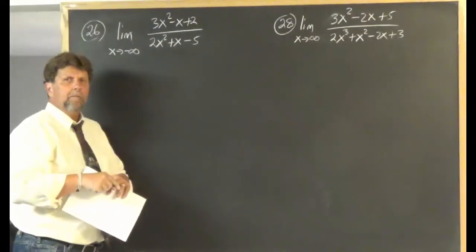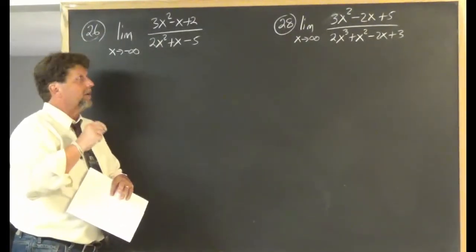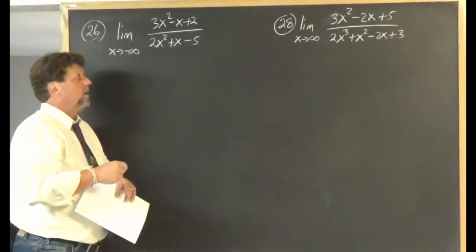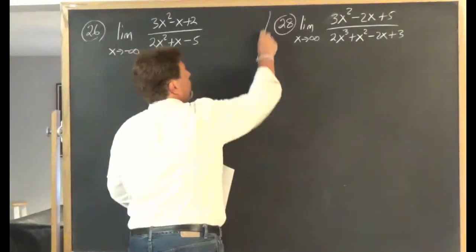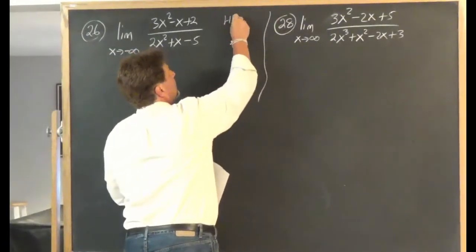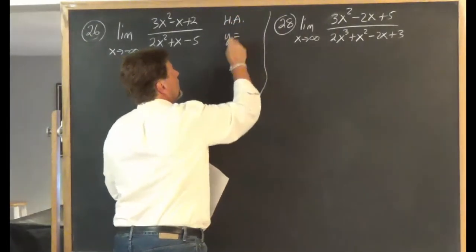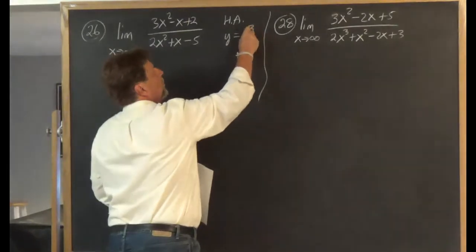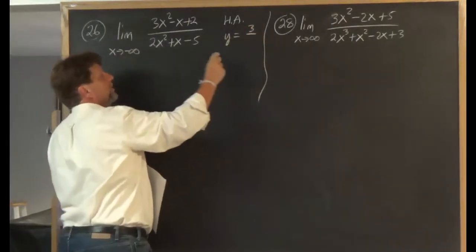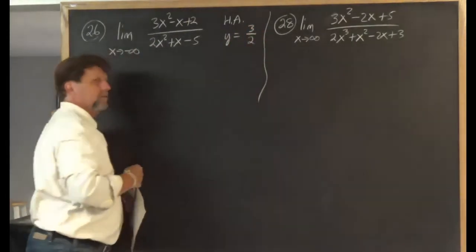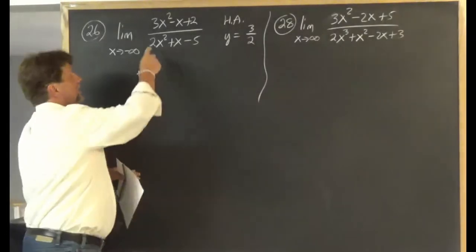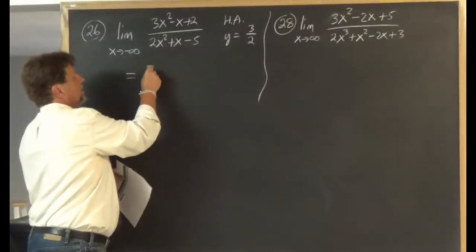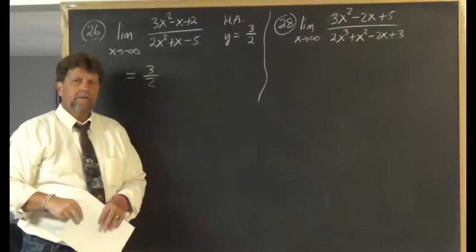That's the same. So that means the horizontal asymptote is the line y equals leading coefficient of numerator over leading coefficient of denominator. That immediately tells me that this limit is 3/2.